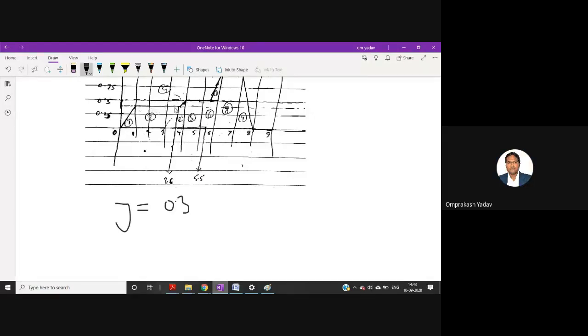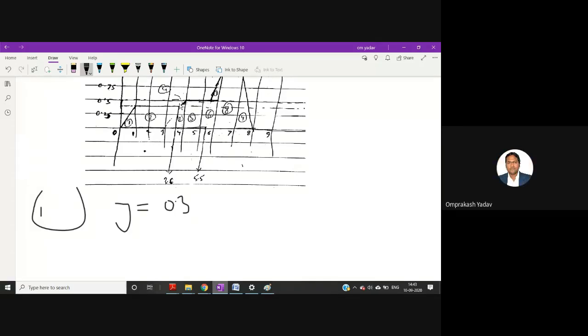Okay, and this another line is this line. What is the equation for this particular line? Anybody? What is the equation for this line? So that is 0.5 only.